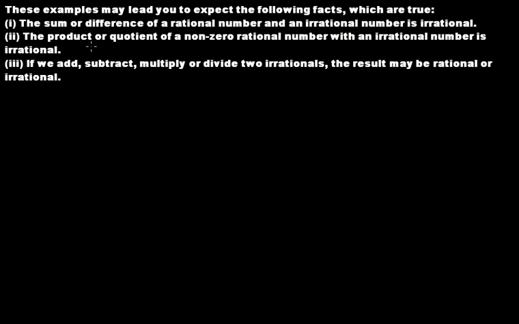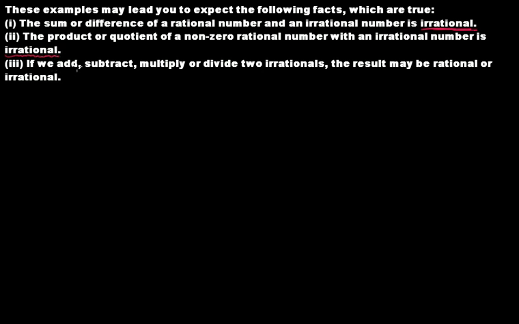We are not showing this by proving it, but by solving some problems. This is not the proof. We have only tried to show you using some examples. So the sum or difference of a rational number and an irrational number is irrational. You have to remember this. The product or quotient of a non-zero rational number with an irrational number is irrational.